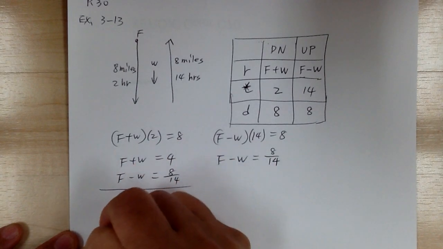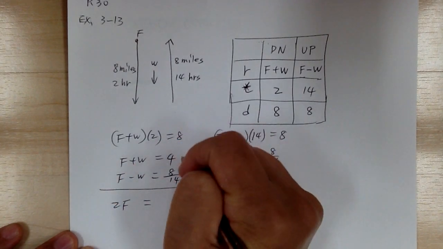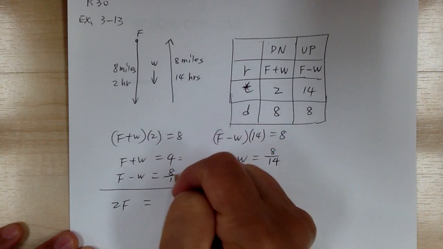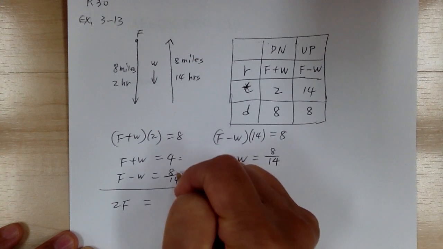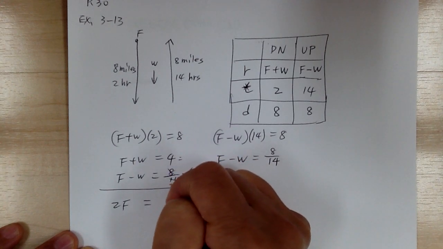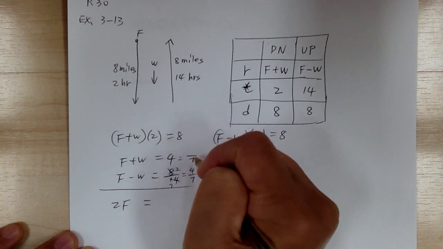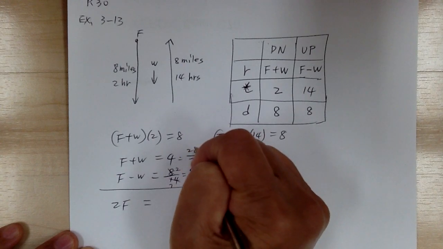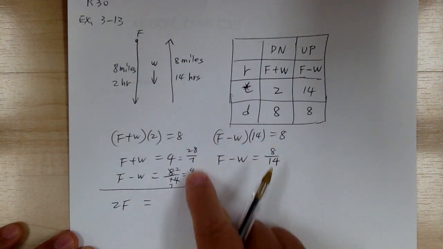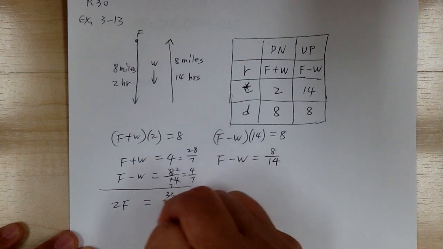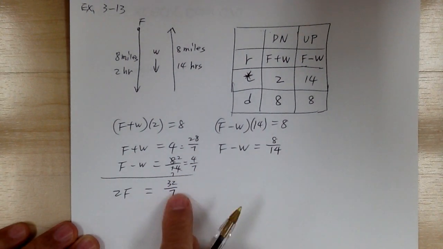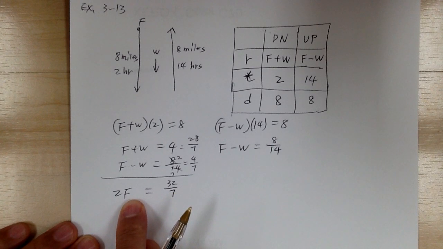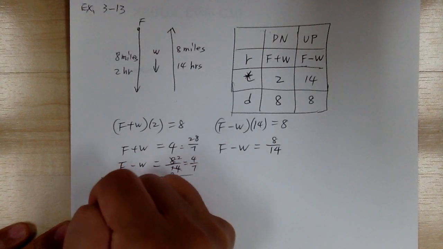So they cancel out, and you get 2F equals 4 plus 4/14, which simplifies to 4 plus 2/7. I'm going to make a common denominator, so they become 28. When I add, I get 32 over 7. Then to solve for the frog speed, I multiply by 1/2.